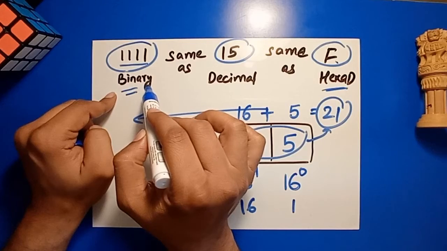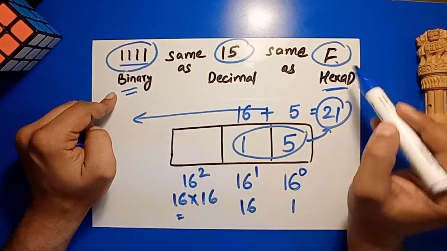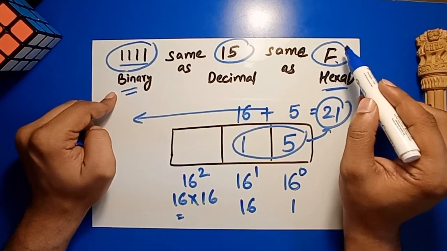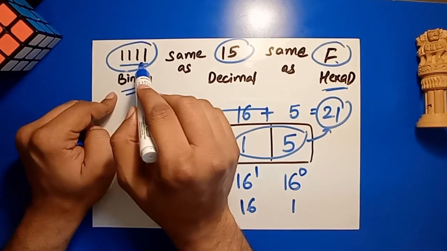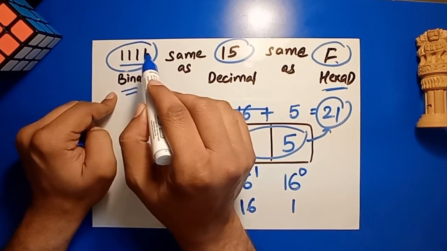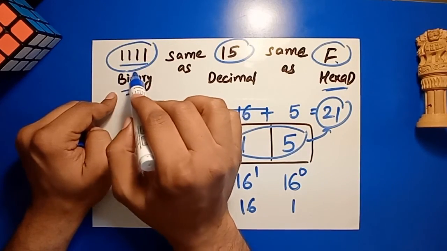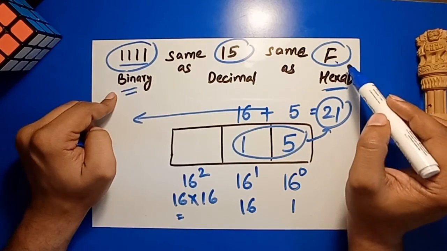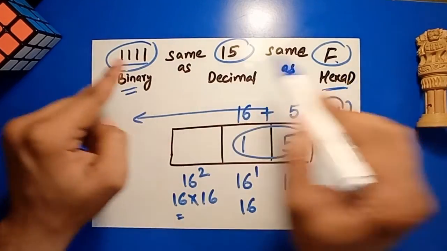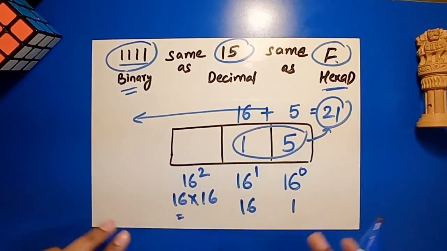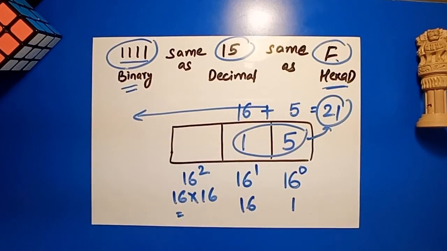And what is a binary digit called? Bit. So you only need one digit, F, to represent the maximum value of 4 bits. Any value represented by 4 binary digits or bits can be represented by one hexadecimal digit. This is the reason the hexadecimal number system was created to represent binary numbers. This is the main reason.